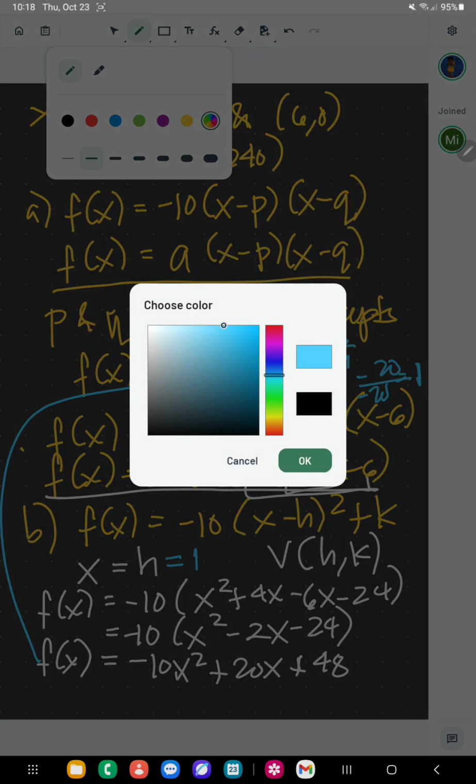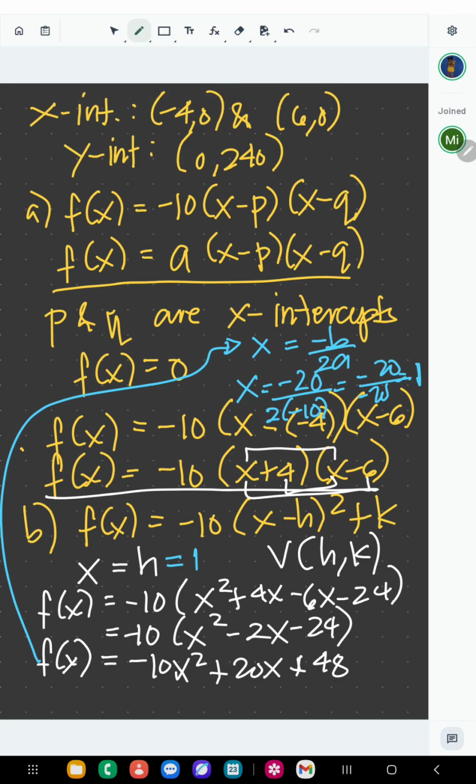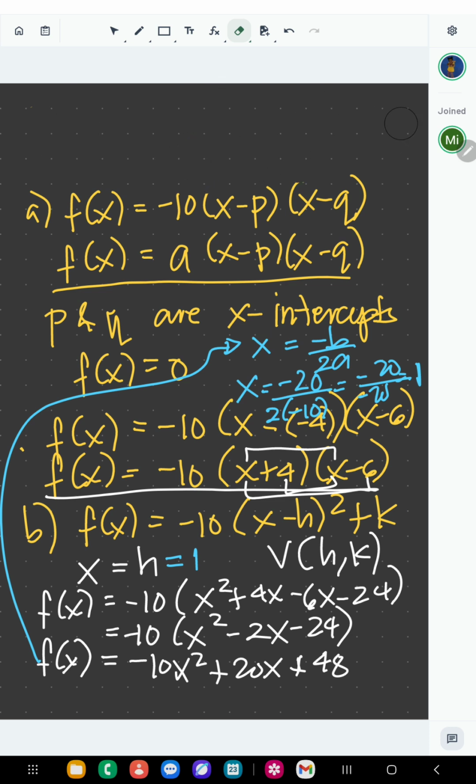Maybe I'll use another color, maybe green, so it won't be confusing. So our equation is f of x equals negative 10 times x plus 4 times x minus 6 from the previous problem, letter A. And we got the value of x.